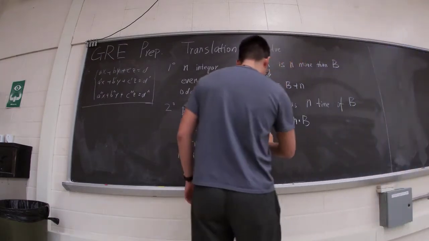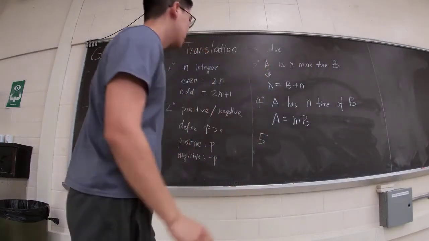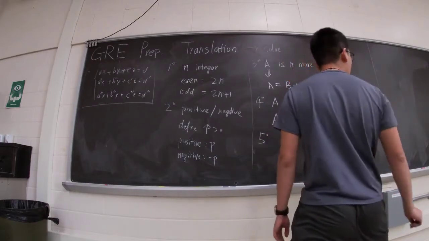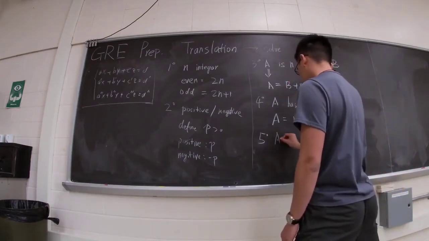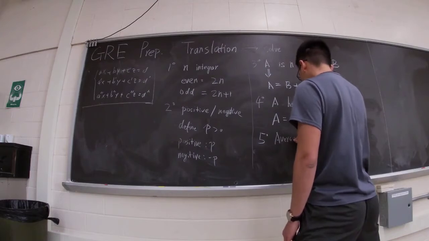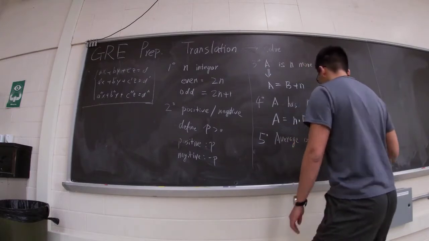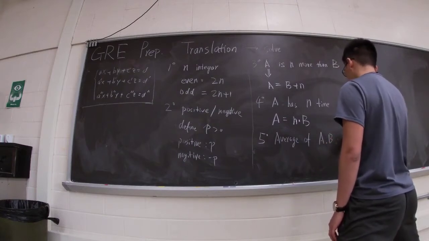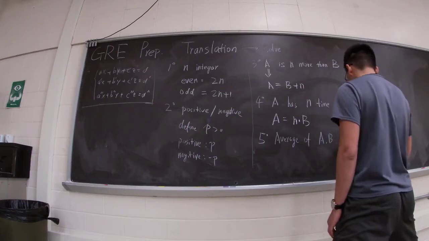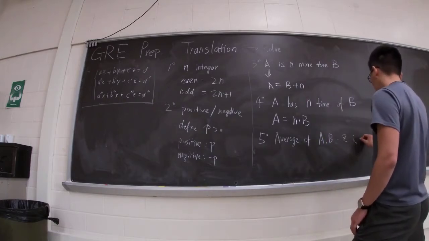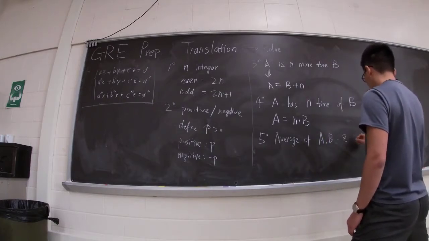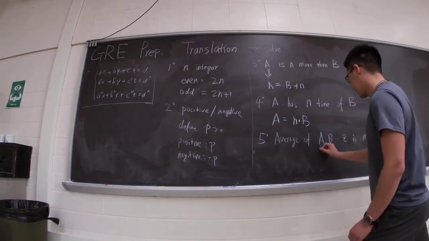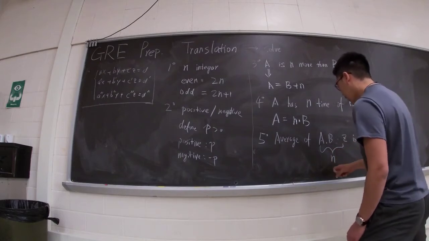And maybe sometimes we have the average of a, b, dot dot dot, z is, I don't know, some other number m, and there are n things.